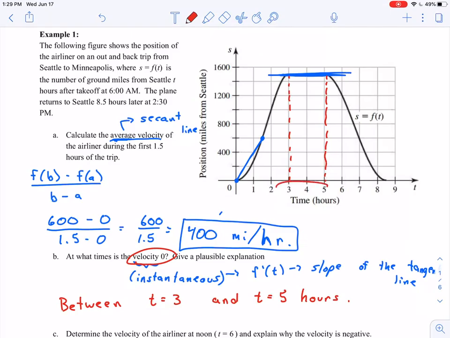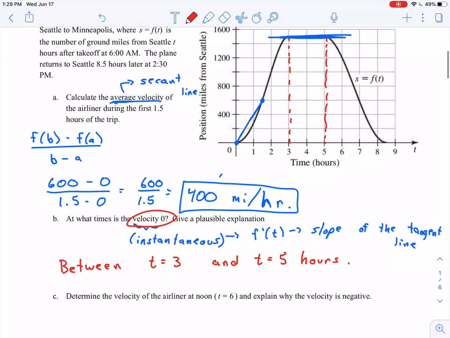So in this 2-hour time frame, we might just be at Minneapolis. The pilots may just be taking a break. So the plane is probably just on the ground waiting for passengers to leave and passengers to get back on. So for a plausible explanation, I'm not going to write that whole thing out, but you could say something along those lines.